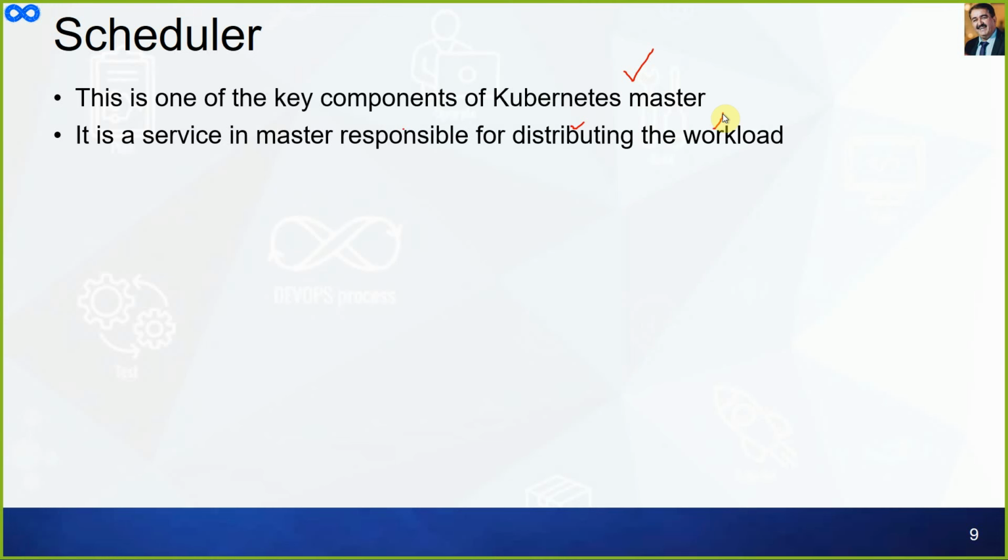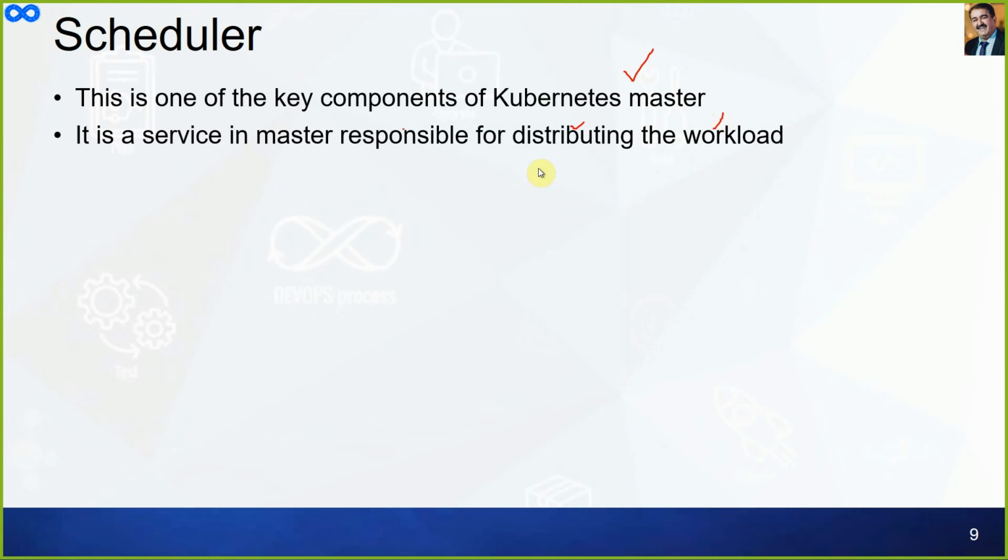The controller will tell the scheduler that, hey, we have a request, we have a manifest, kindly look into it. The scheduler will see whether it is a change request, an update request, or a new request where I have to create a resource. So it will find out where I can put it.